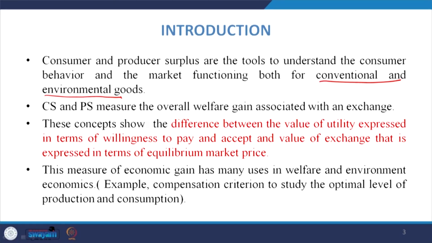So, this measure of economic gain has many uses in welfare and environmental economics, for example, compensation criteria to study the optimum level of production and consumption. When we apply this in environmental economics, we know that when certain kinds of goods are produced, they also produce pollution, and when pollution is consumed by society, the welfare of the consumer is degraded.